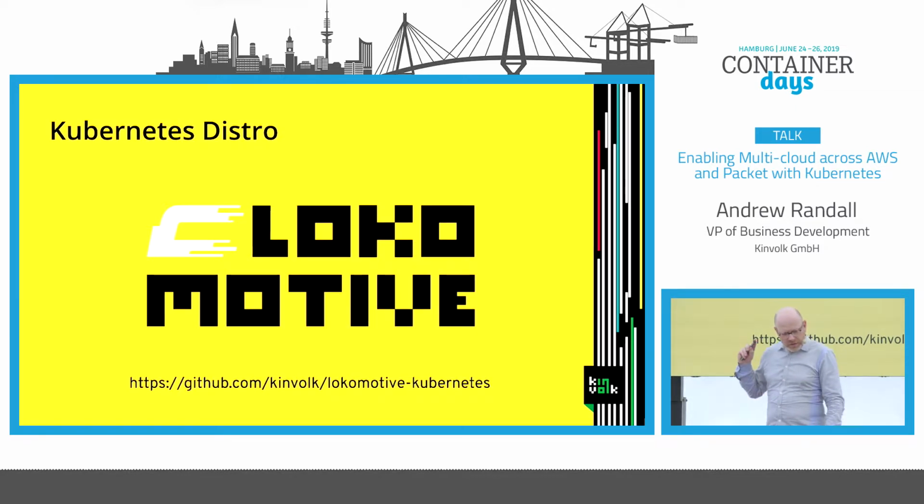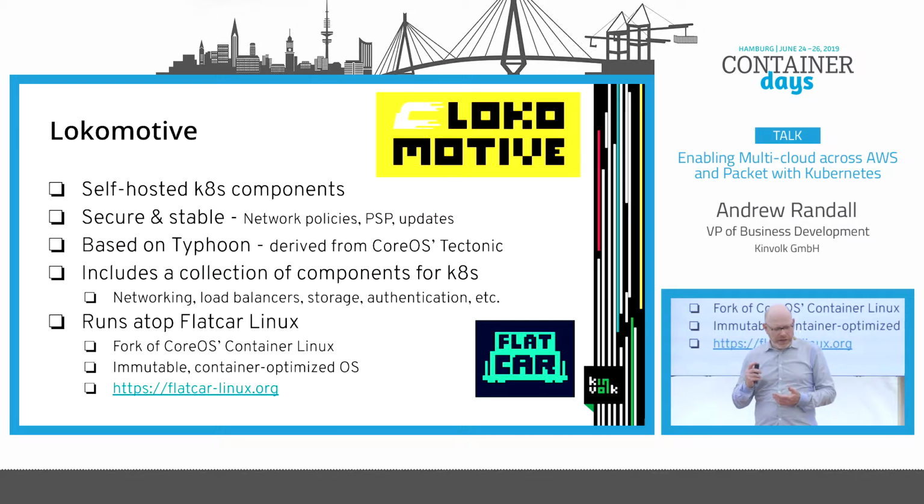So first of all, we had to have a base Kubernetes environment to start from. And we started from a project that we launched recently called Locomotive. This is based on an upstream project called Typhoon, which is itself derived from CoreOS's Tectonic.